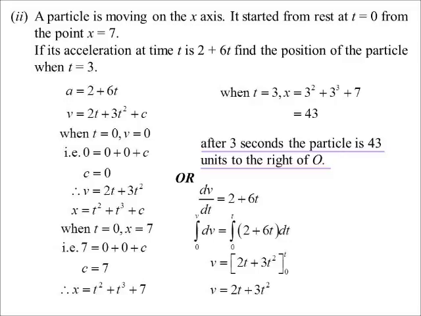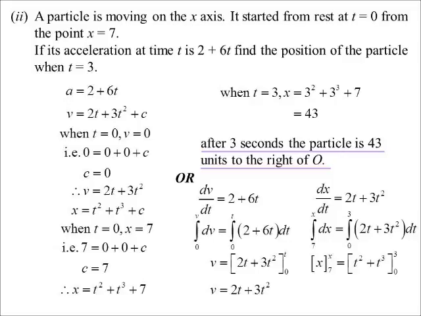But now I want to work out the answer for displacement. So doing it this way, I don't actually need to work out the formula for displacement. Because what I now say is, well, velocity is dx/dt. Again, separate the variables. But all I'm now going to say is, well, when t equals 0, displacement is 7. I want to know what x is when t is 3. And do a straight integral.